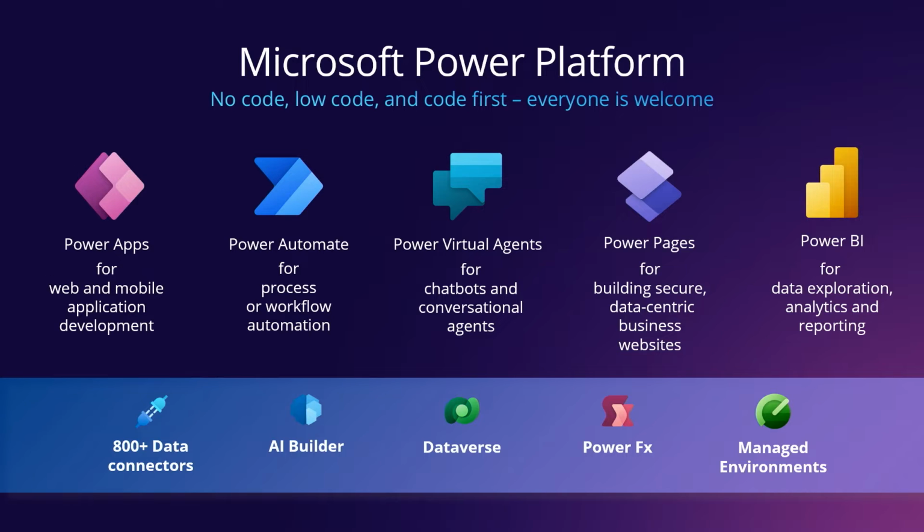We've heard about PowerApps, which is a low-code way to rapidly build web and mobile applications. We are talking about Power Automate, which is the low-code tooling for workflow automation, Power Virtual Agents, which is all about chatbots, Power Pages, which covers business and external websites, and then we have Power BI, which is the low-code tooling for data exploration, dashboards and reporting.